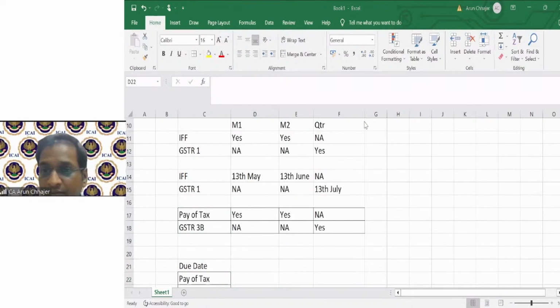What is the necessity of IFF so that recipient can take the input tax credit? Recipient can take the ITC. ये तो मेरा पहला क्वेश्चन था सुशील. ठीक है, क्लियर है ना?